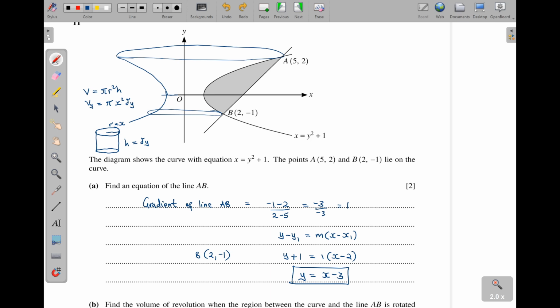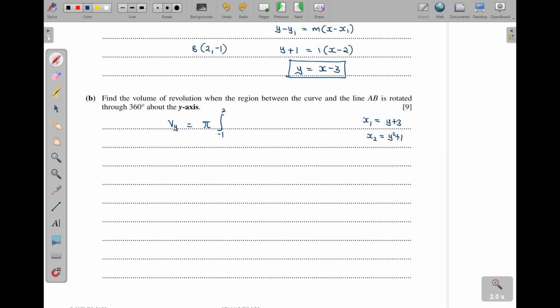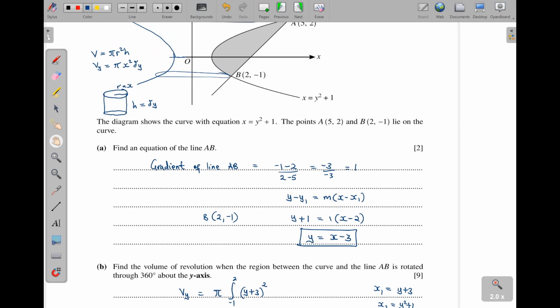You just rotate your page, and then you will see that this one is above, and then this one will be below. So I will have the equation of that straight line, which is now y plus 3 in terms of x, but I have to square that because remember, here we are getting the x squared, okay?